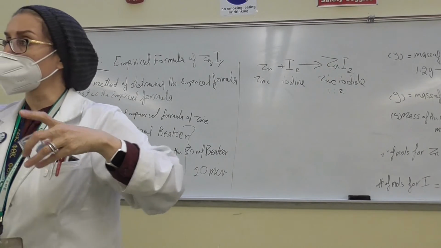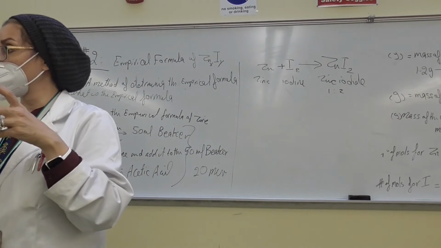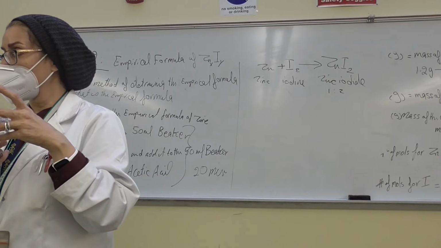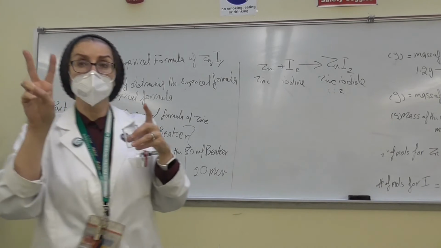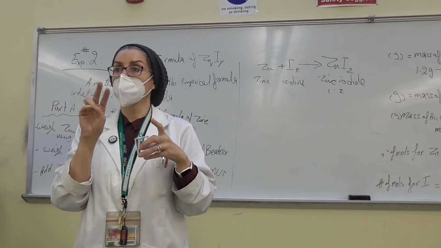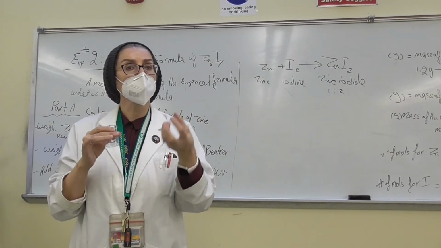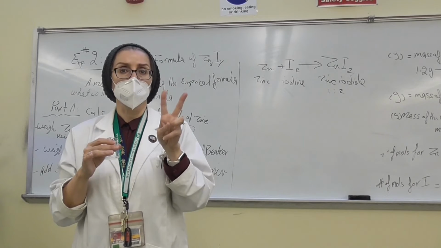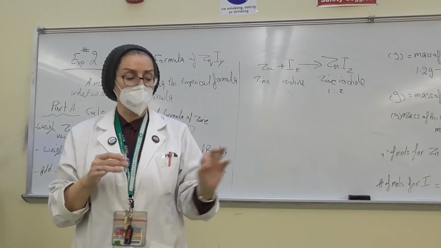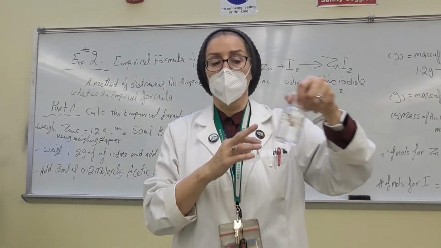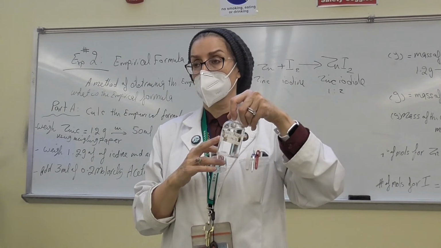Just the solution. Don't touch the solid metal. And you're going to do this twice. In other words, you are rinsing the leftover zinc twice with 2 ml of the same solution of acetic acid.